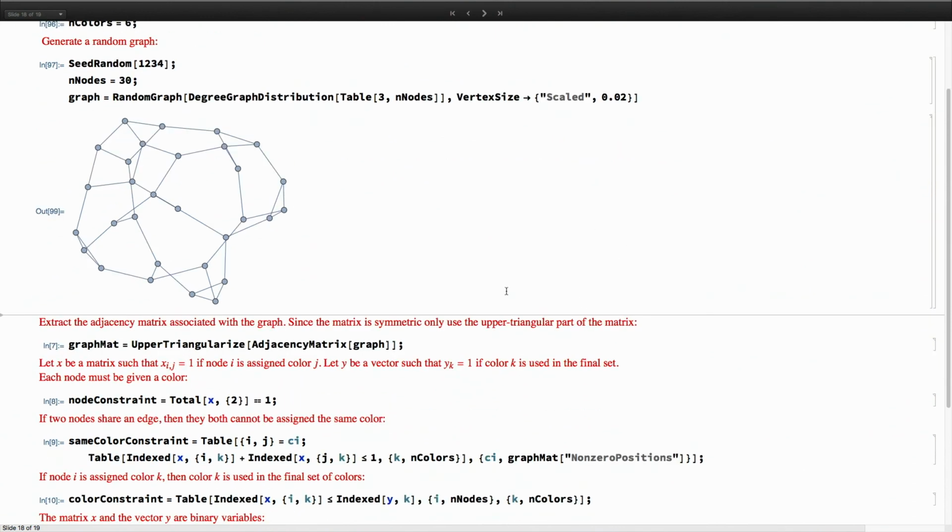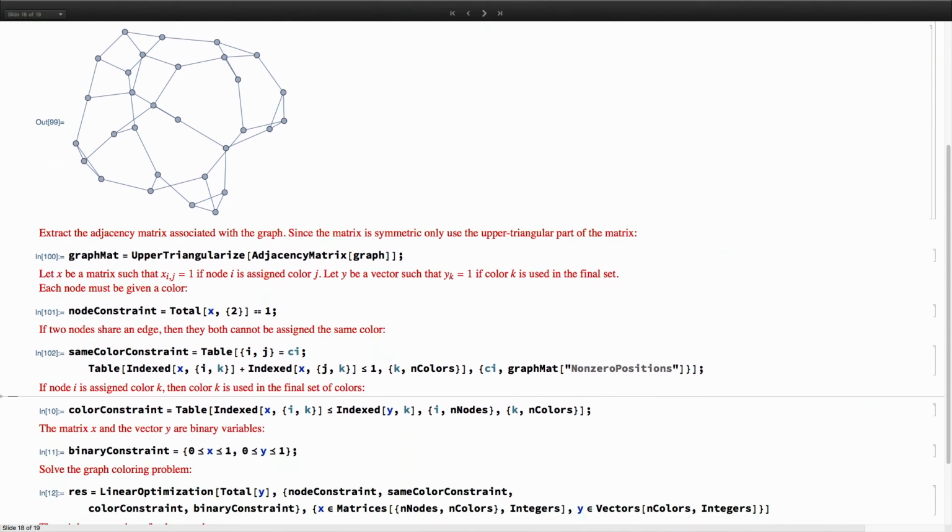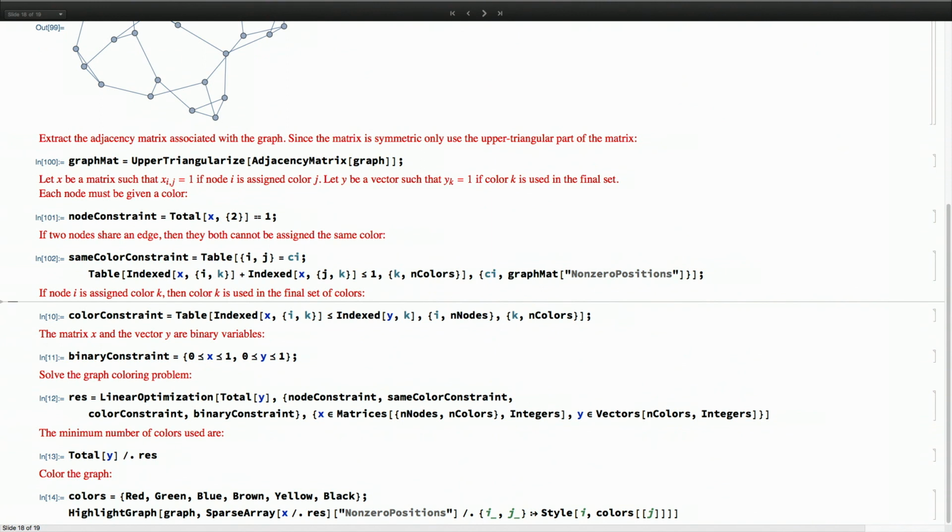So I'm going to extract the adjacency matrix from it. This is the condition that says that no 2 of them are going to be of the same color, and we are going to use 2 binary variables in order to set up our modeling problem. Okay, so the same color constraint says that no 2 nodes will be the same, and then we say that if one of the nodes is assigned a color, then that color will be part of our final set of colors.